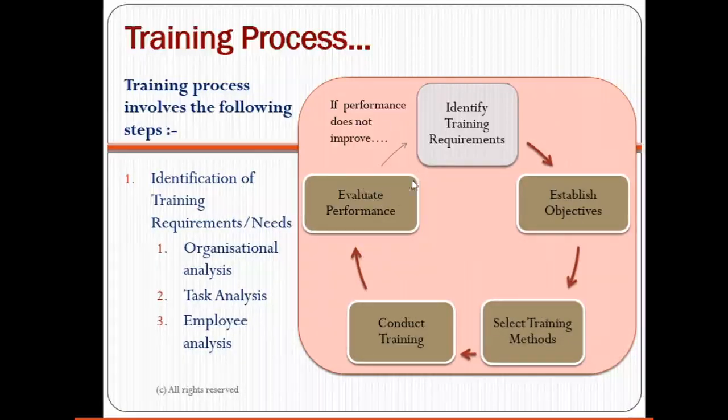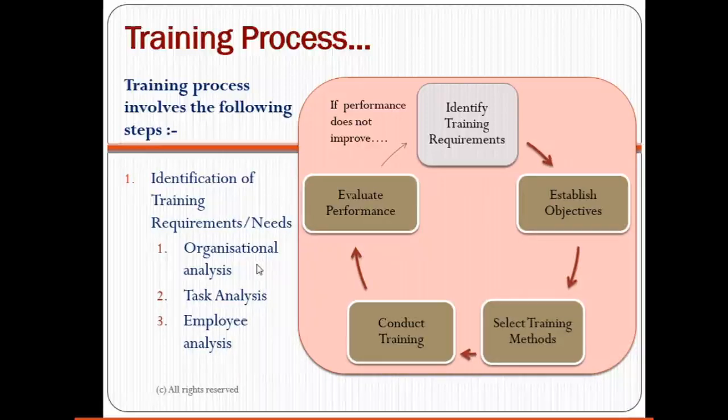Okay, now we'll understand the different phases of the training process in detail. The first one is identification of training needs. There are 3 ways to identify the training requirement. That includes organizational analysis, task analysis, and employee analysis. In case of organizational analysis, we align the training program with our long-term or short-term objectives.